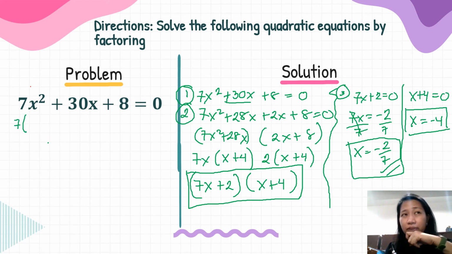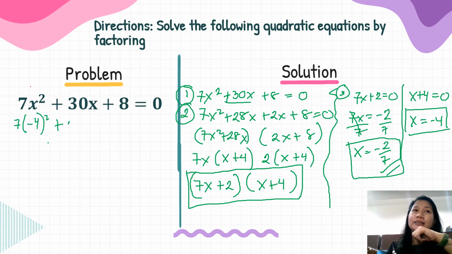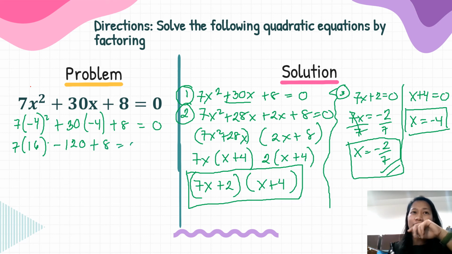That's negative 4. Tama ba ako? 7 times negative 4 squared plus 30 times negative 4 plus 8 equals 0. And 7 times positive 16, then minus 120 plus 8 equals 0. And 7 times 16, 42, 112.